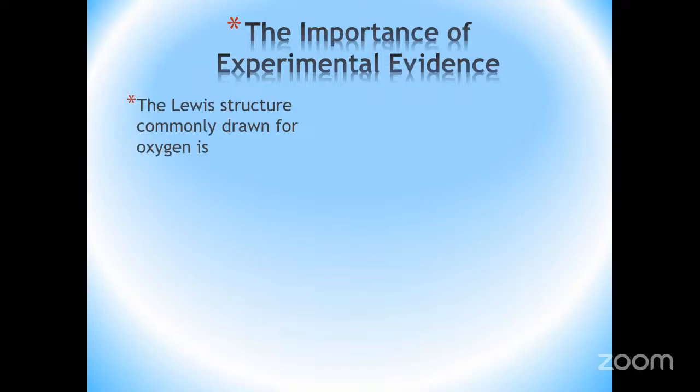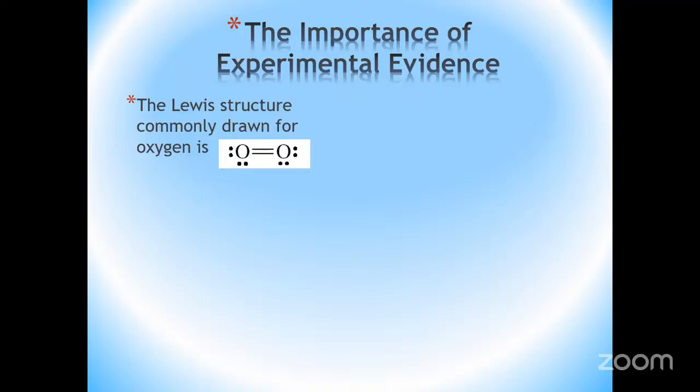Now, before we get to some exercises here, let's talk about one example of the importance of experimental evidence. Based on the commonly drawn way of drawing the oxygen molecule, that suggests that the electrons are all paired, right? Including the non-bonding electron. Now, if you remember from the previous chapter, we said that there are certain magnetic properties that structures can display, right?